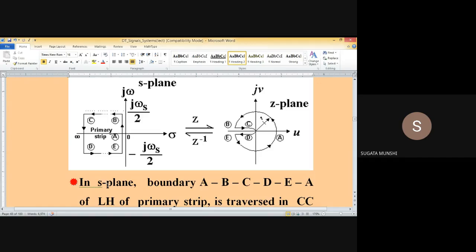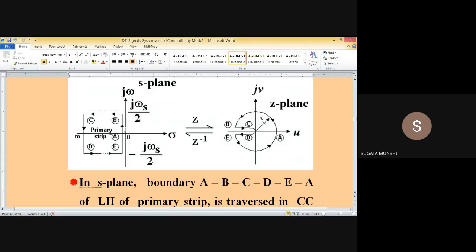If you have completed the drawing, I'll try to explain why we are traveling in that manner. Done, sir. At A, Z is 1 with argument 0, so that is the point here.